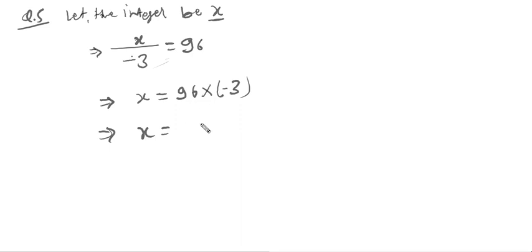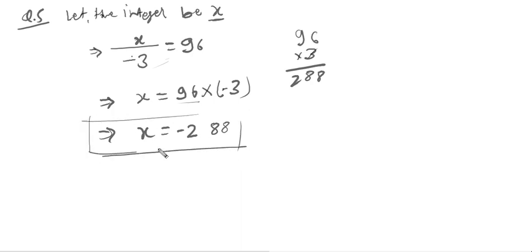When you multiply 96 into 3, it will come 288. So the sign is negative, so the negative sign will come. This is your number, the integer which you divide by -3, and it will give you 96.